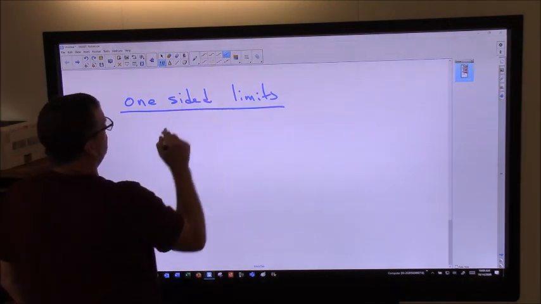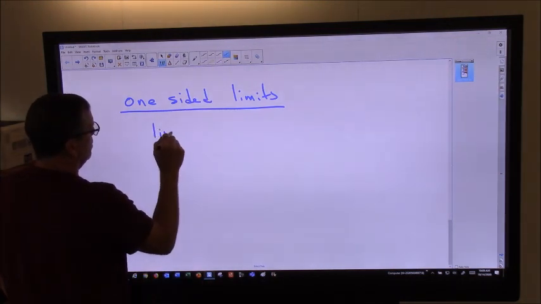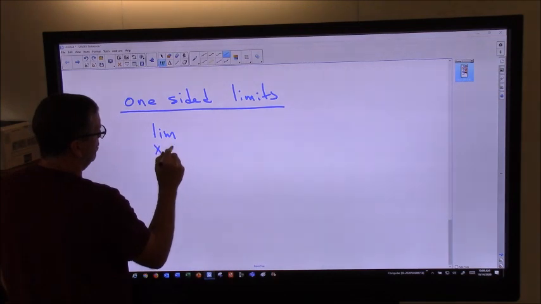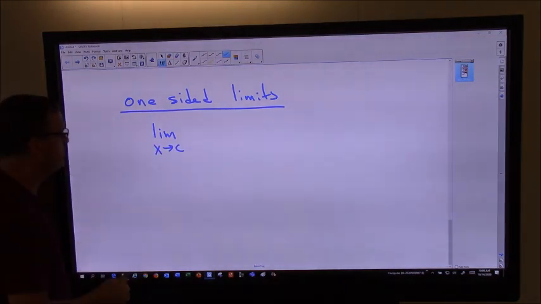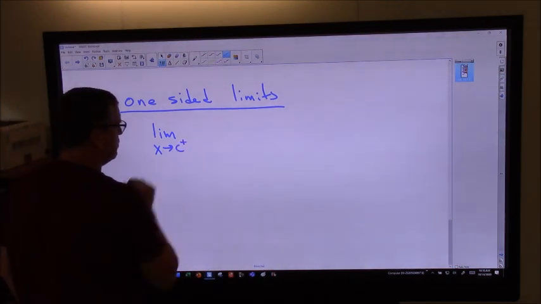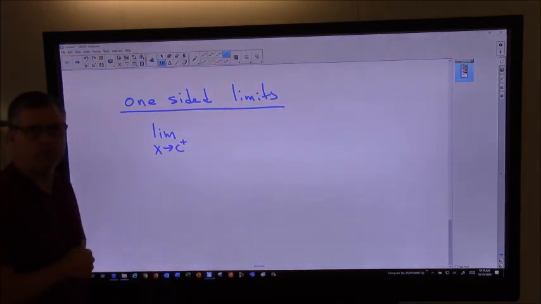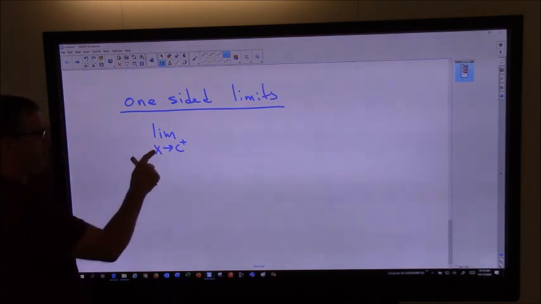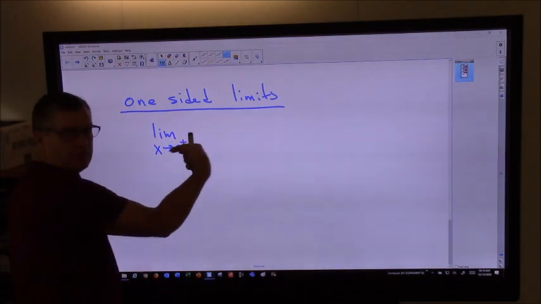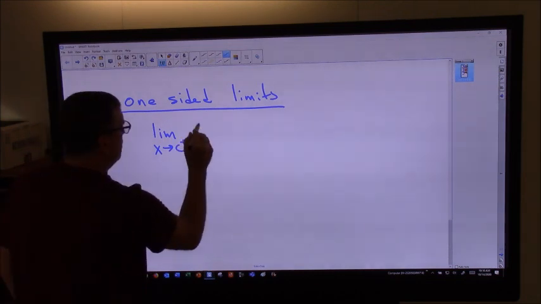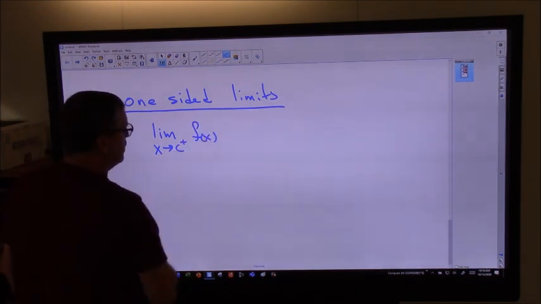So if I wrote this down, the limit as x approaches c, some number, whatever it is, and I put a little plus sign where the exponent would go. That means I'm approaching that number from the larger side, so from the right, okay, of f of x.